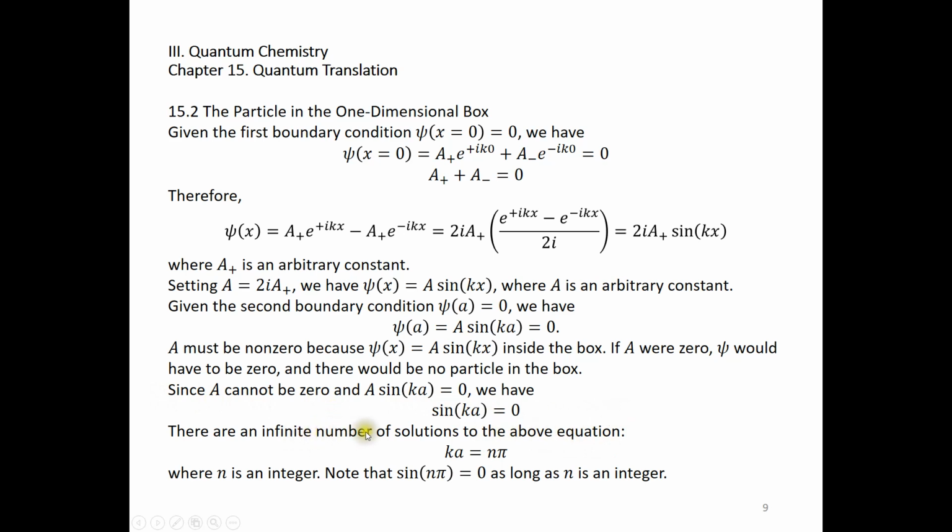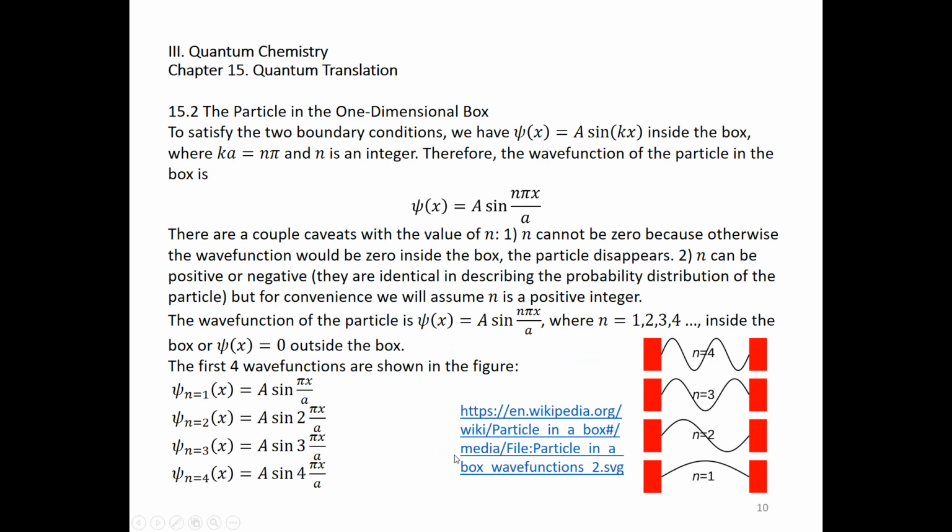So there are an infinite number of solutions to this equation. As long as ka is equal to n pi, we satisfy this equation, and n has to be an integer. Again, sine n pi is always 0 as long as n is an integer. So we have ka equals n pi. It seems k has to be quantized. k has to be an integer multiple of pi over a.